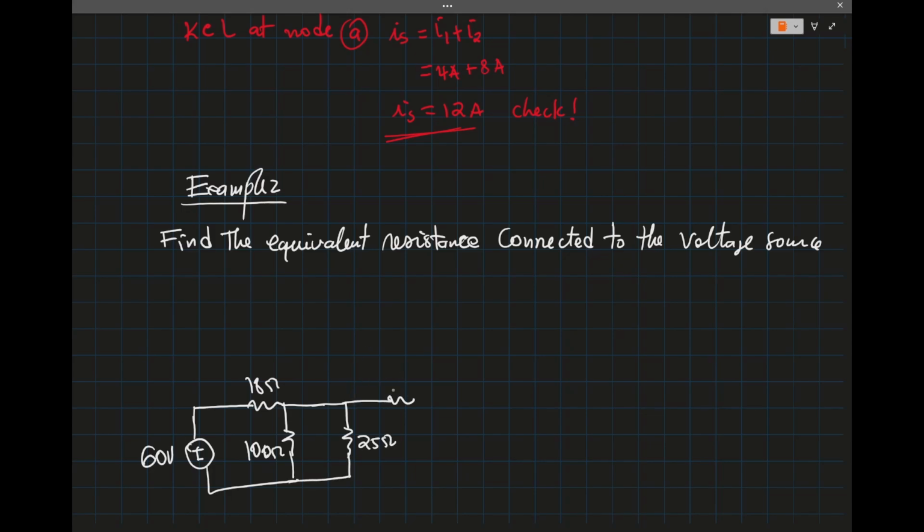Then here we have 40 ohms, here we have 22 ohms, and then we have 10 ohms here.